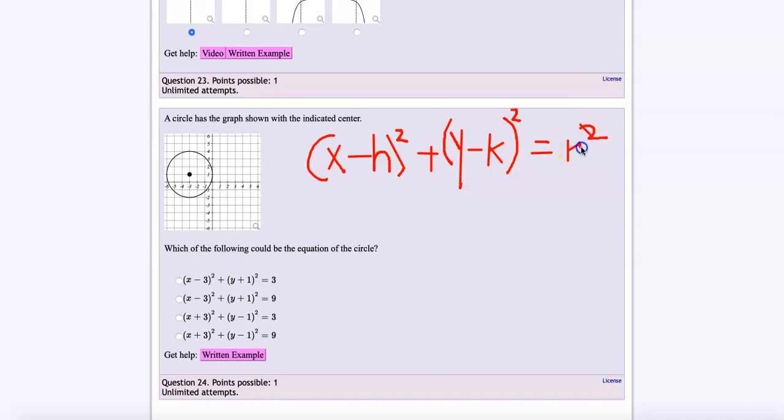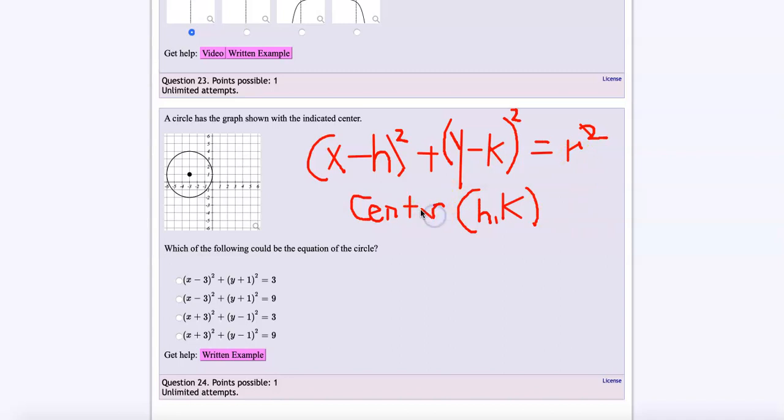So what is h and what is k? That would be the center. So the center of my circle is going to be (h, k). And then r is your radius.